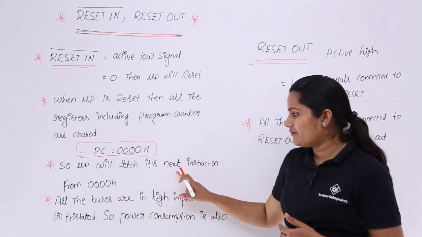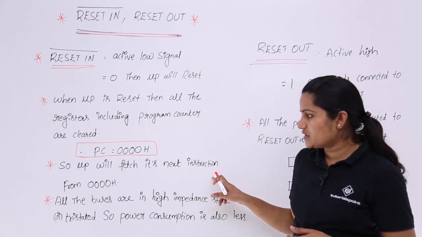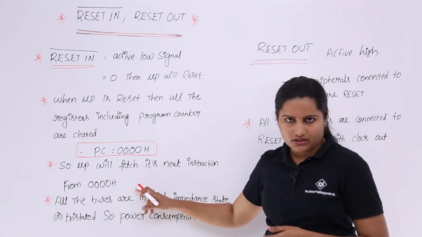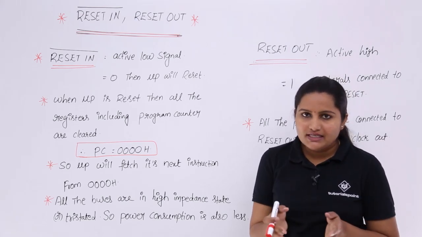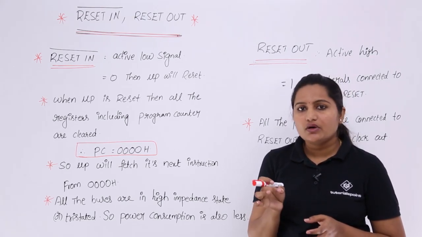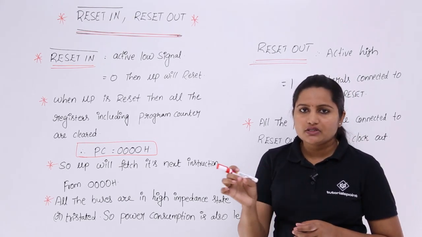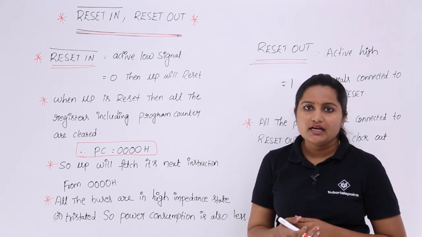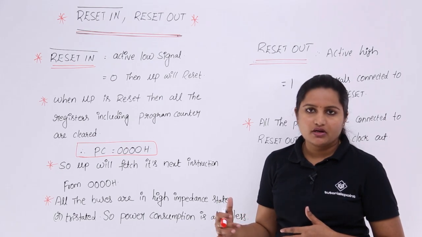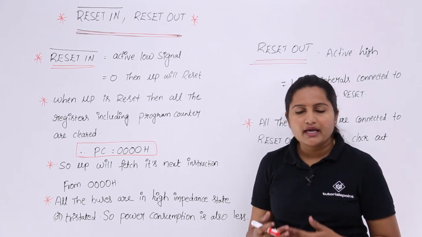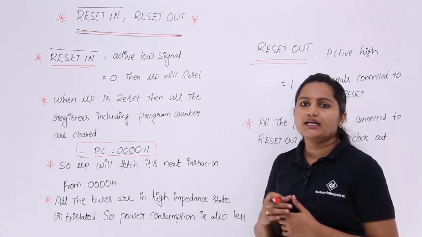So, the microprocessor will fetch its next instruction from 0000H, because after power off or reset, the program counter is going to set its value as 0000H. When power on is there, definitely the program counter value is 0000H, which means the microprocessor is going to fetch that address.